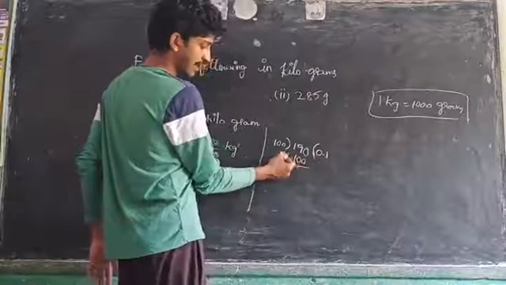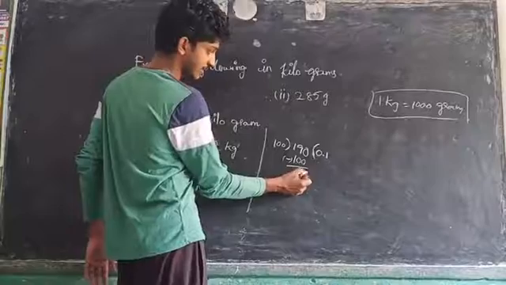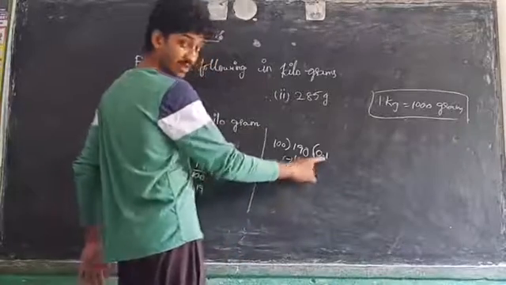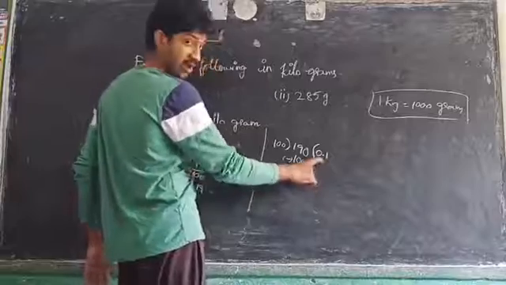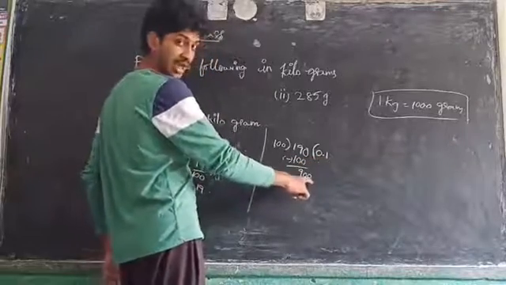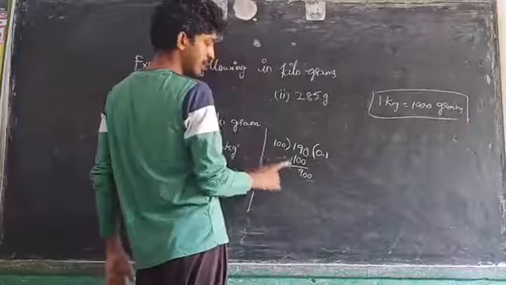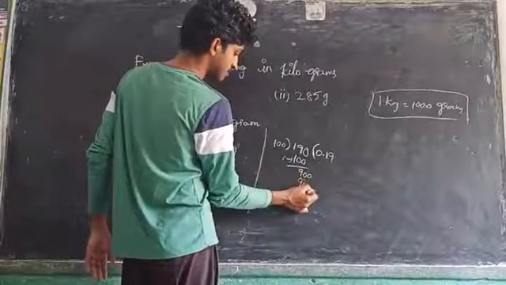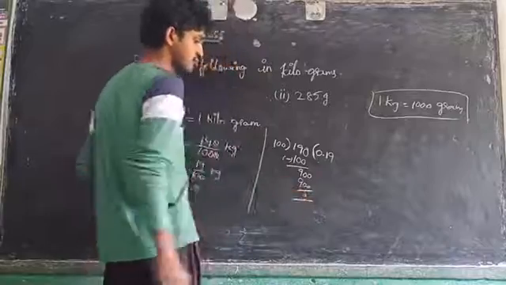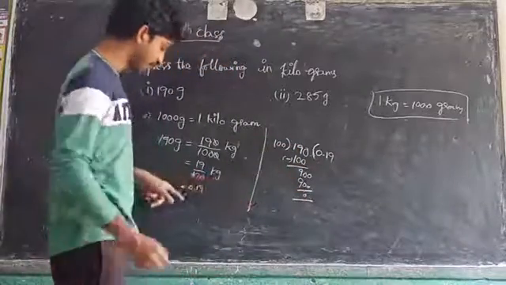So 190 minus 100 is equal to 90. Now here we put the decimal point, that's why we have to add 0. So in 900, 100 how many times? 9 times. So 900 minus 900 is equal to 0.